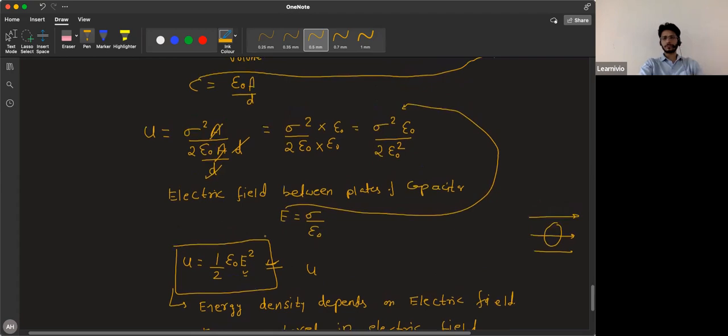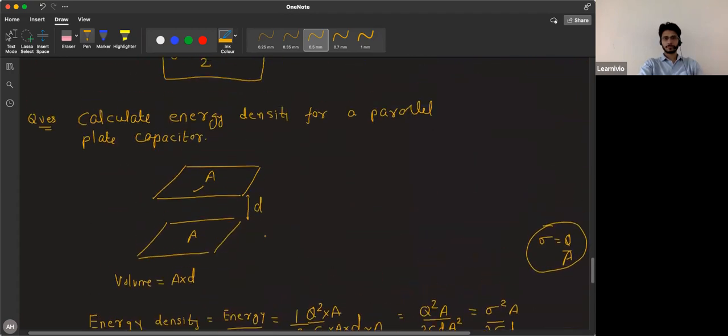Is this calculation clear? Yes, sir. Okay, note it down.